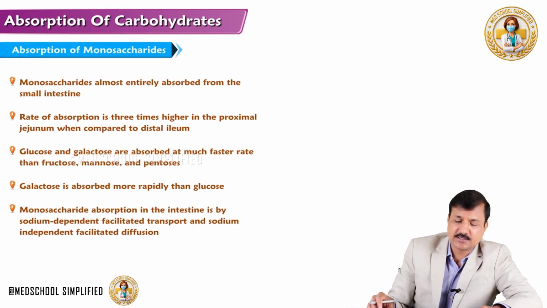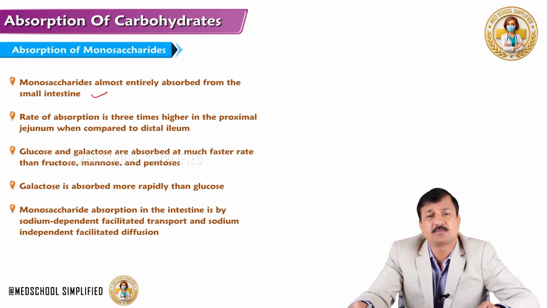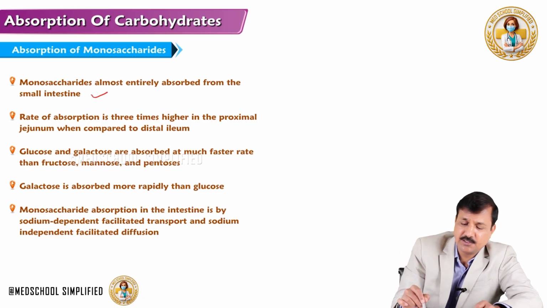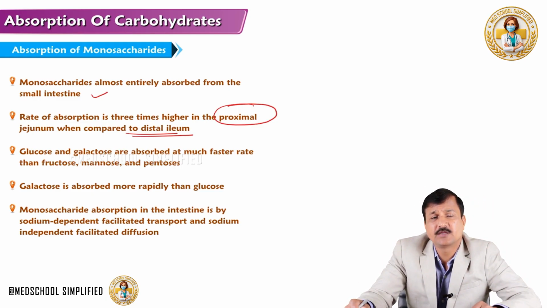Monosaccharides are almost entirely absorbed from the small intestine. That means not many of them are fermented in the colon. The rate of absorption is 3 times higher in the proximal jejunum compared to the distal ileum. That means the majority of the monosaccharides are absorbed in the jejunum itself rather than going all the way into the ileum and colon.